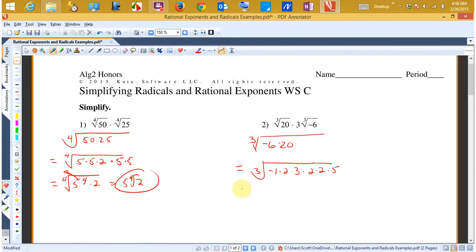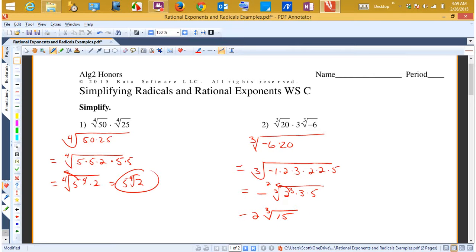So I could look at that and take the negative out because it's a cube root, and then I have 2 cubed times 3 times 5. The 2 will come out because it's a cube root, so I have a minus 2 times the cube root of 15.